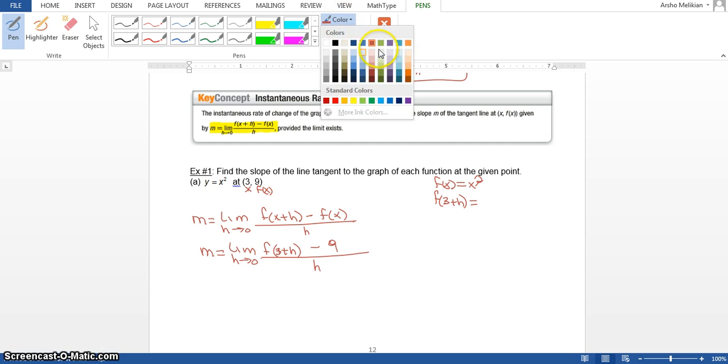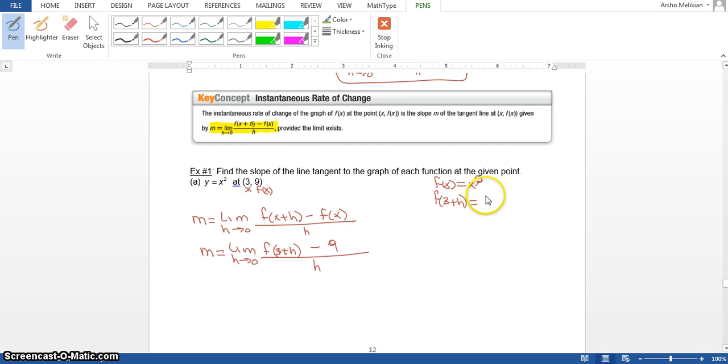So it's going to be 3 plus h squared. So this is, when we distribute the square, it's 9 plus 6h plus h squared. That's the binomial theorem, by the way, which we learned last week, right? Now we're going to plug that into here.